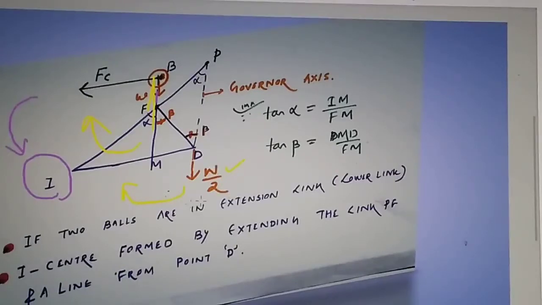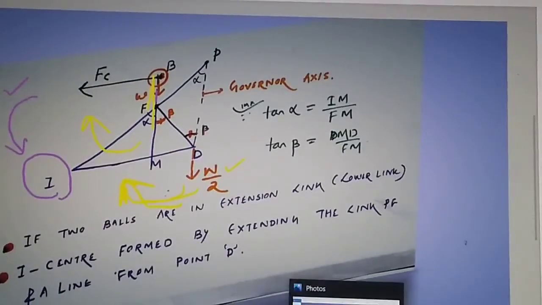That's why W by 2. So this force about the point I will give a moment W by 2 into the perpendicular distance in the clockwise direction. So these two yellow arrows are giving clockwise moment, and this one is giving anti-clockwise moment, and we have to balance that.